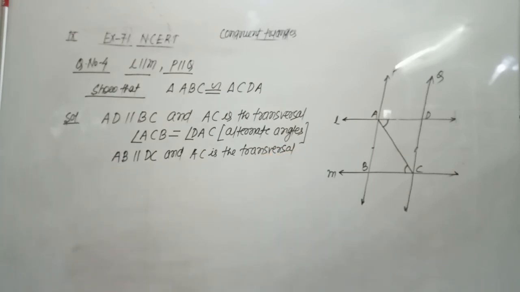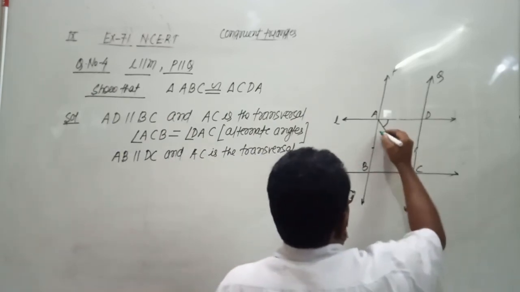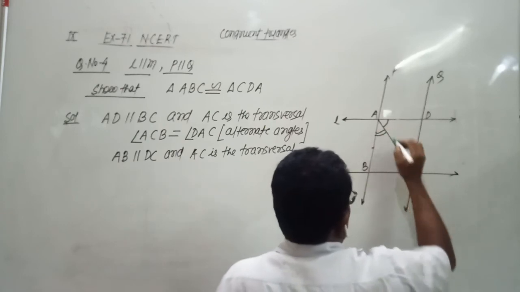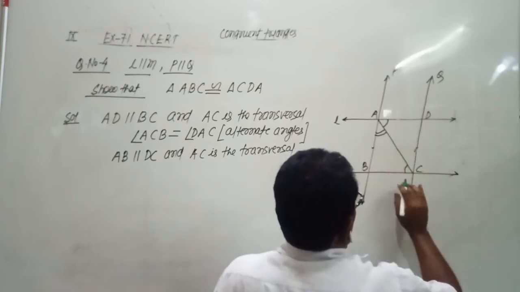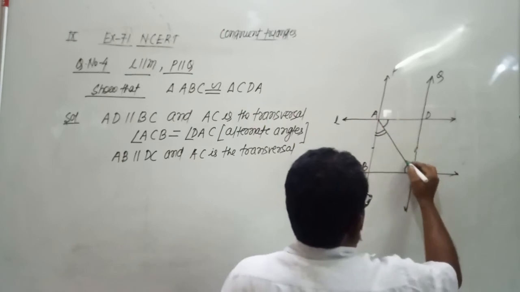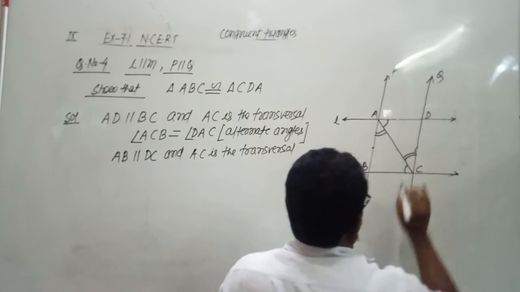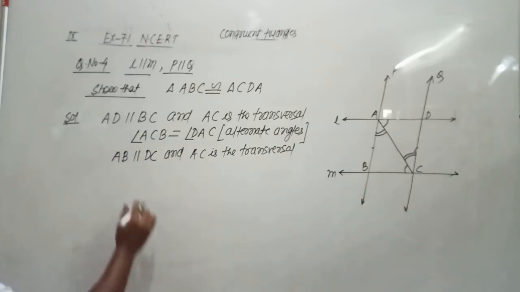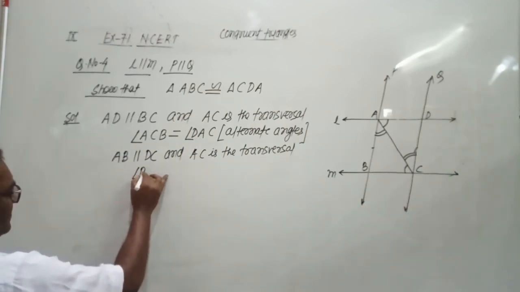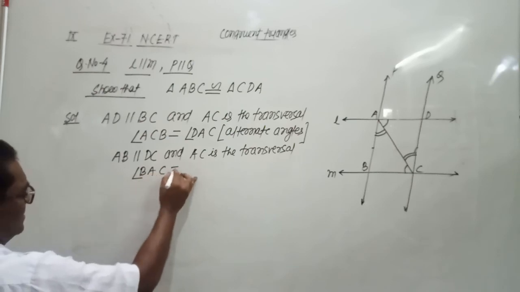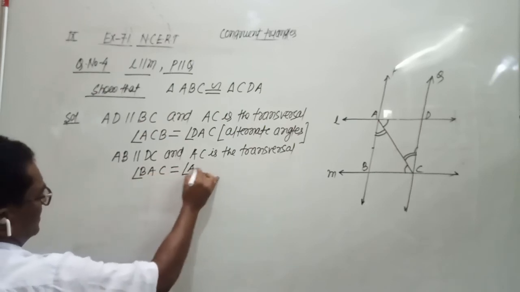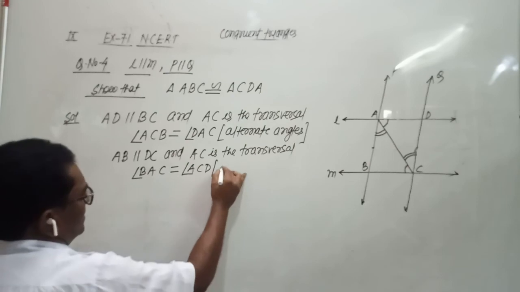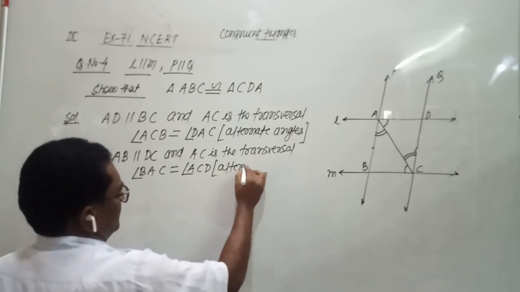So again alternate interior angles are equal. Angle BAC equals angle ACD, alternate angles.